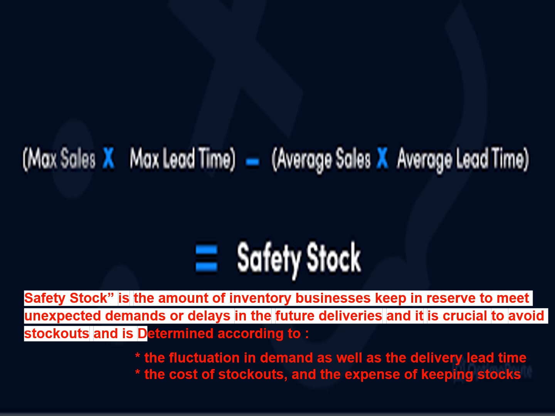The safety stock formula is: safety stock equals maximum daily sales multiplied by maximum lead time, minus average daily sales multiplied by average lead time.